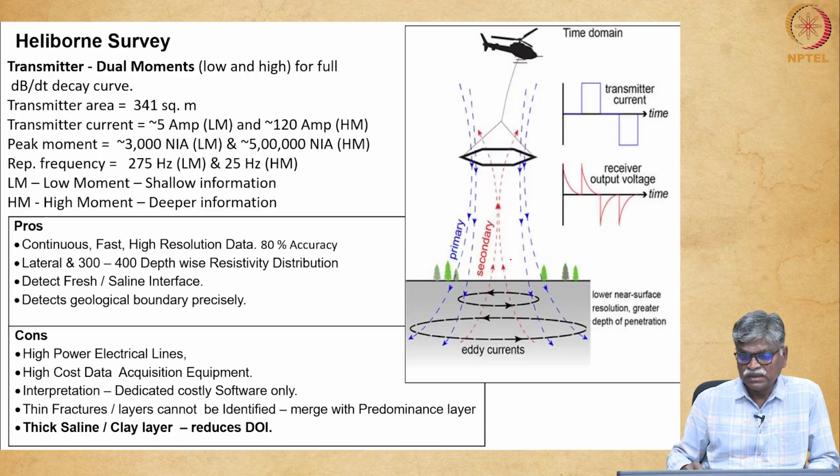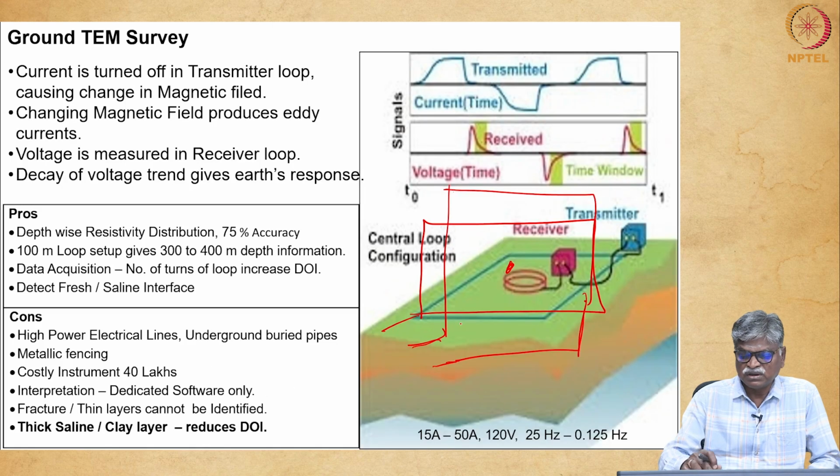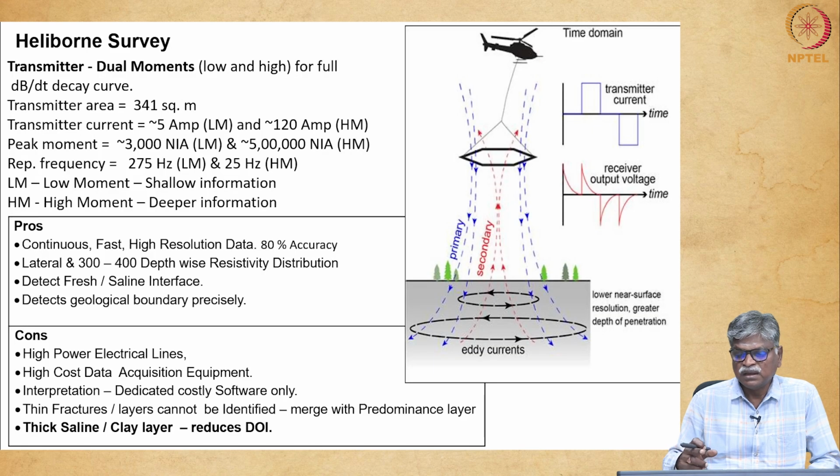If you get like that, just see the figure, the same loop they carry in the airborne survey also. You see, it is the same loop, whatever you have drawn, the same loop, it is the airborne TEM.